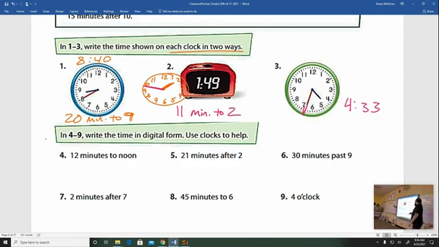Jack, how many minutes is it until 5? 27. That's right. 27 minutes to 5. Does that make sense, guys? Do you guys see how we're getting these numbers too? You can skip count on here. Remember, don't forget that you can skip count on an analog clock: 5, 10, 15, 20, 25, 30, 35, 40, 45, 50, 55, 60.